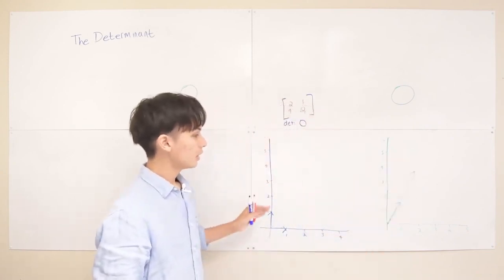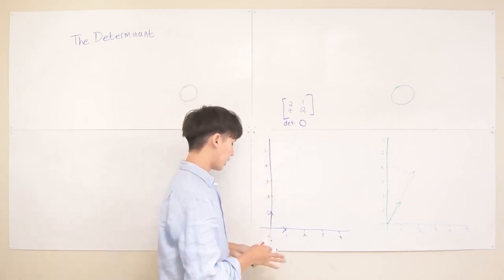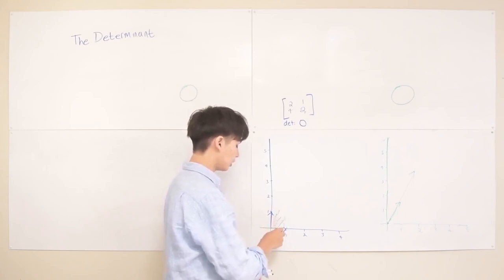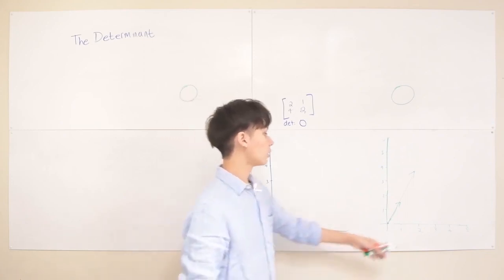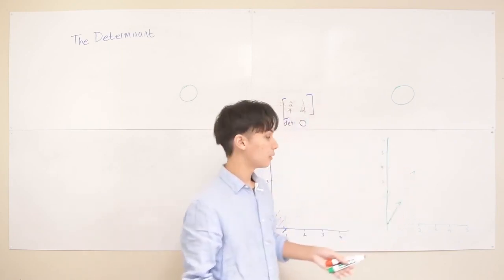And we can think of the area thing, right? So the area of this parallelogram here is 1 still, but after undergoing this transformation, the area of this resulting space is 0, because the area of a line is 0.